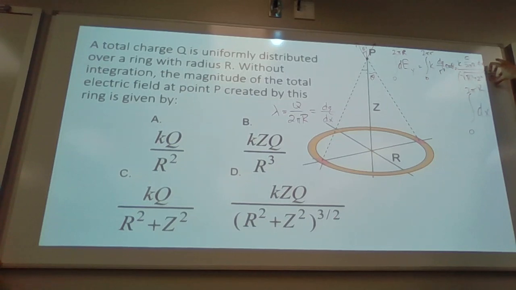Okay, this is cosine theta. This is r. This is dq. You don't need that. Okay, good with that? Okay, so the correct answer is D.